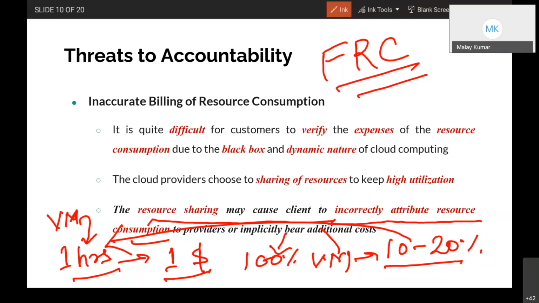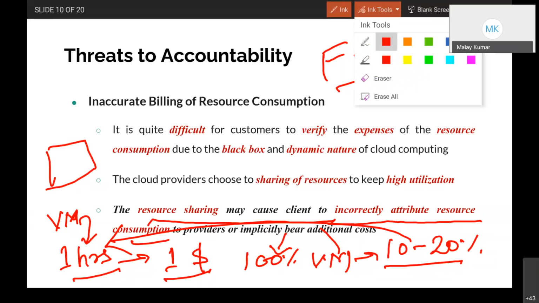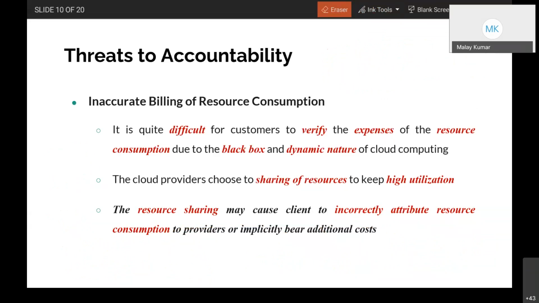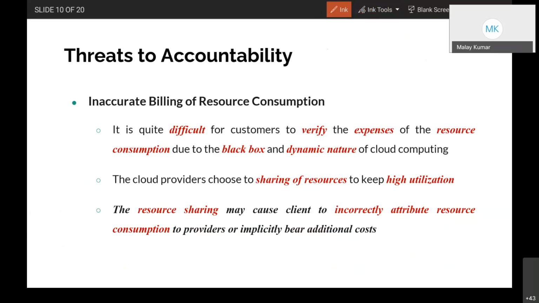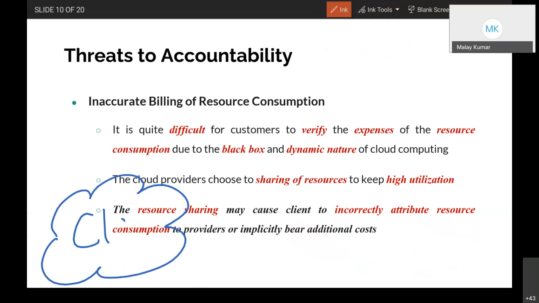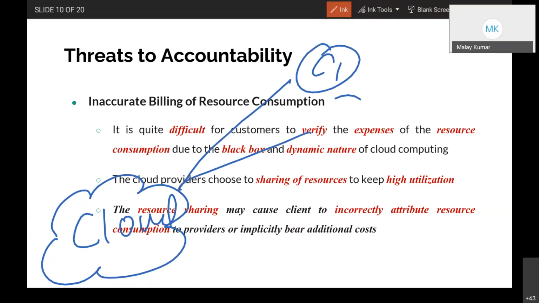The reason being that the same cloud resource is consumed by many clients, from C1 to Cn.